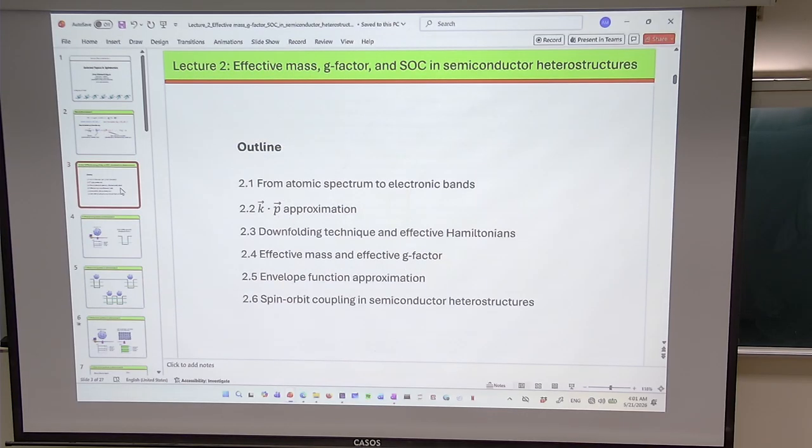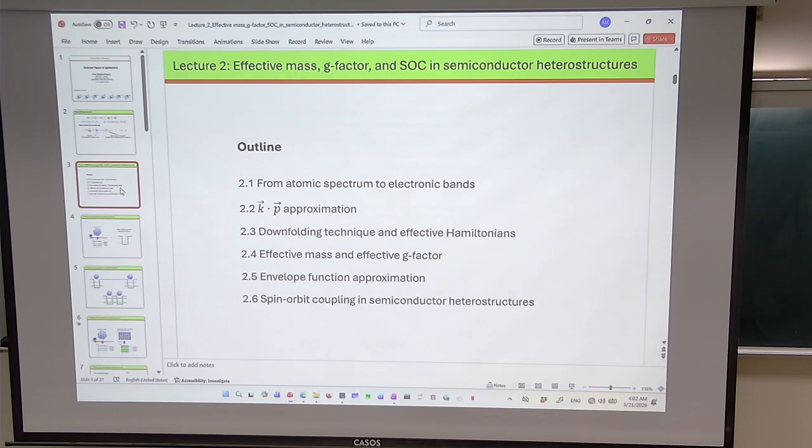So this is the outline of the talk. From atomic spectra to electronic bands, then the k·p approximation, which is used to describe these bands of semiconductors, a downfolding technique to get an effective Hamiltonian for the conduction electrons. And then we see the effective mass and effective g factor.